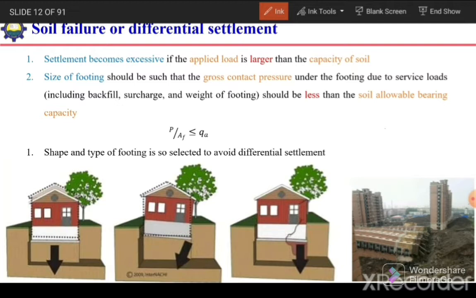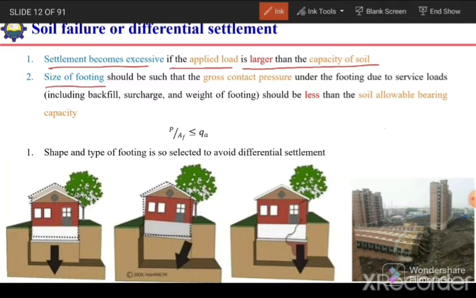Settlement becomes excessive if the applied load is larger than the capacity of the soil. If the contact pressure under the foundation is more than the capacity of the soil, then settlement becomes excessive, or the soil can fail.